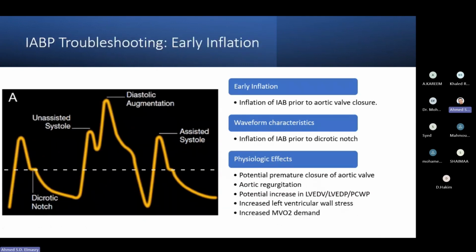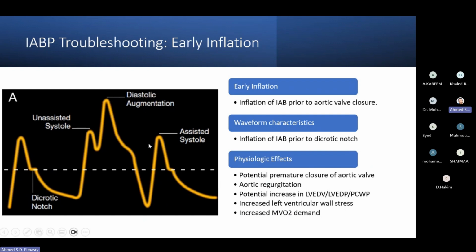So the first timing troubleshooting is the early inflation. And as we said, you have to put 1:2 ratio. So the first reference line is at the level of the dicrotic notch of the unassisted waveform.